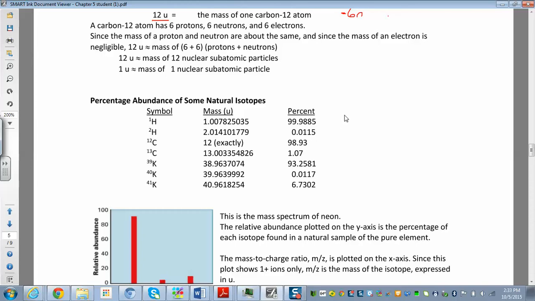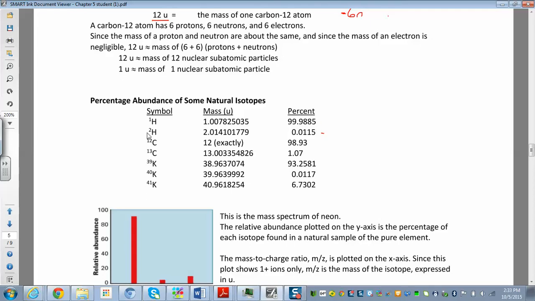And so if you look over here at the percentage, 99.9885% of hydrogen looks like this hydrogen with only 1 proton. It doesn't even have a neutron. This hydrogen has a proton and a neutron, but only 0.0115% of it does.